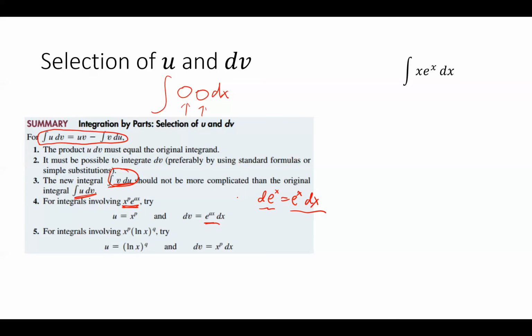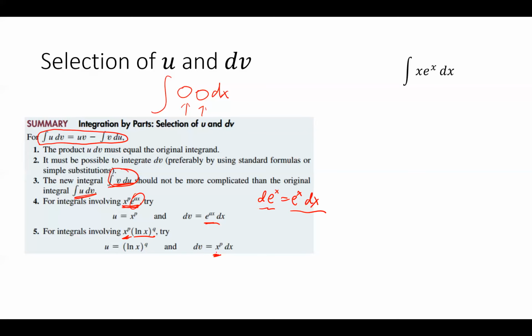So we usually let the exponential part go to v, which is the part of the differential in the original integral. Now, if we have these two terms, then we would let the power function go to u.